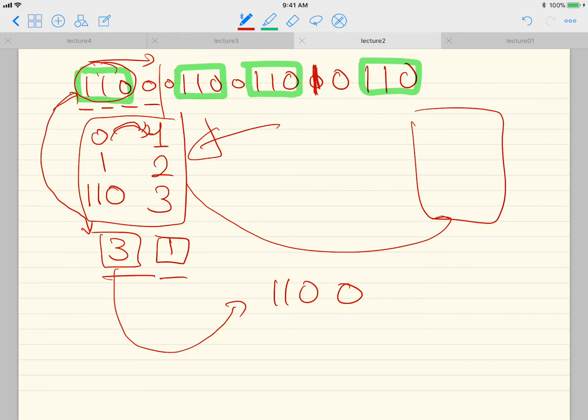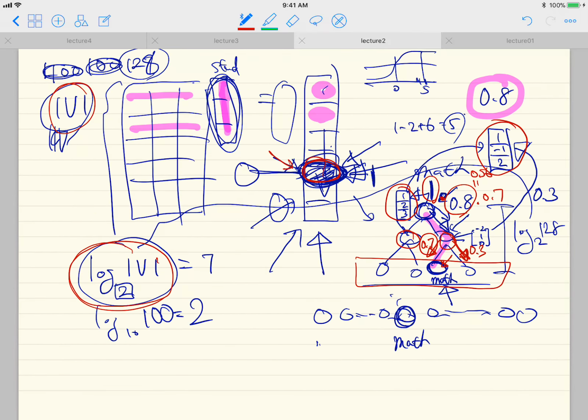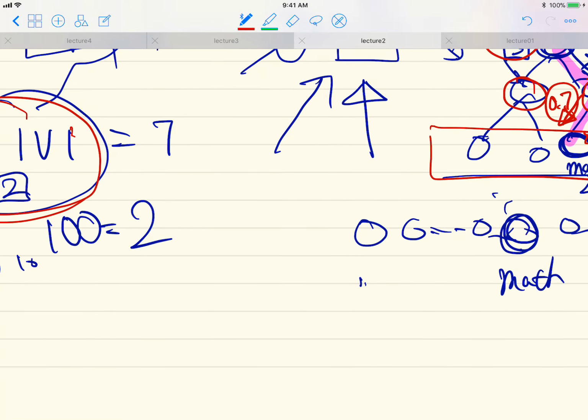And using exactly the same manner, we are encoding this word-level binary tree. So let's think about this. I'm not sure what it is exactly called, but is it called an imbalanced tree or something?